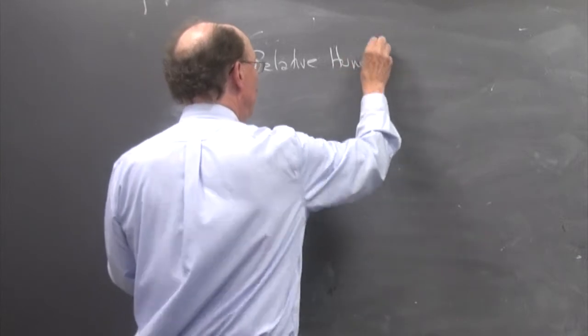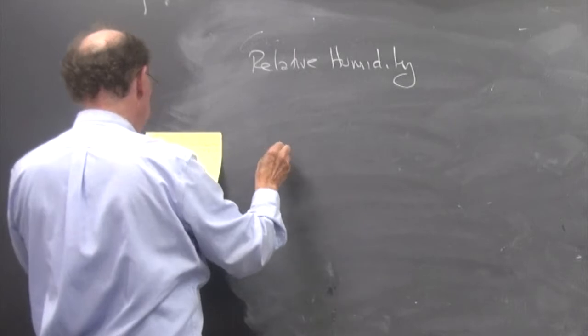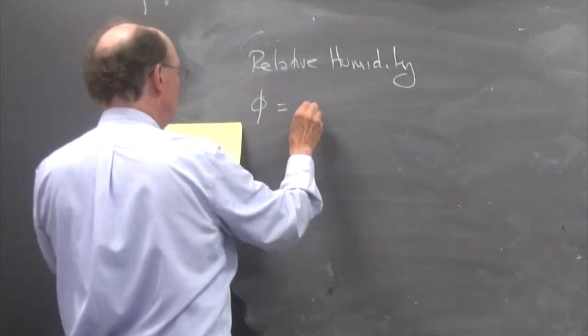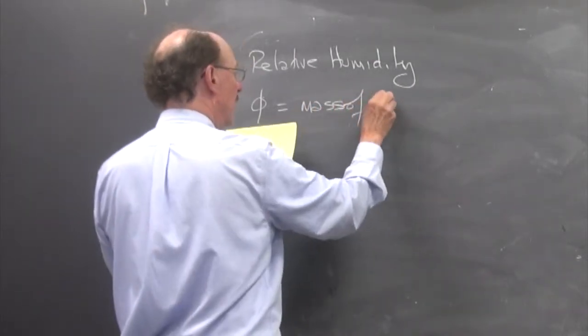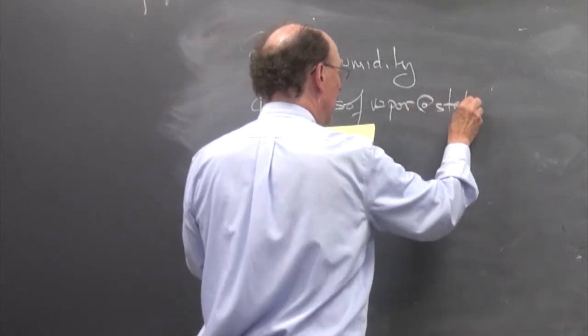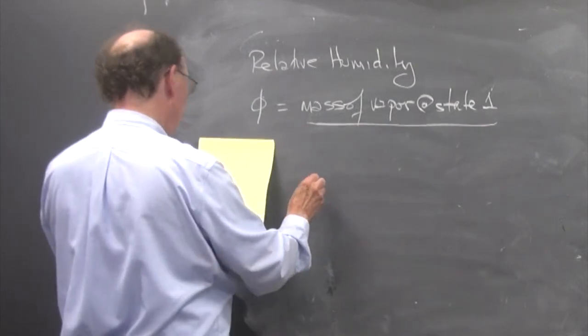So the relative humidity is equal to the mass of vapor at state 1 compared to the mass of vapor at state 5.